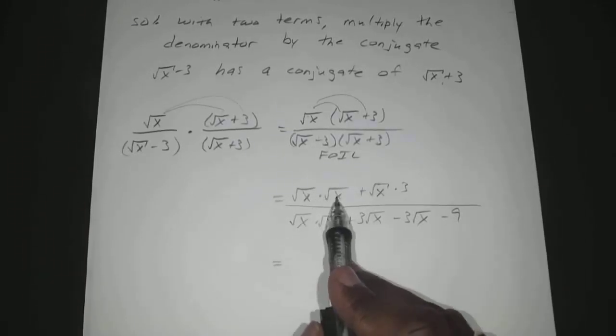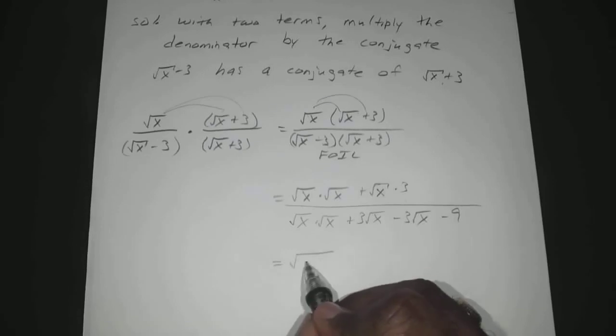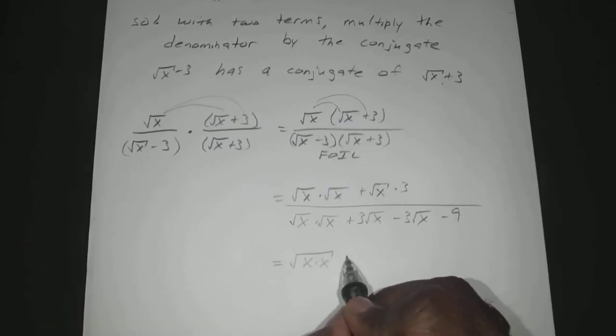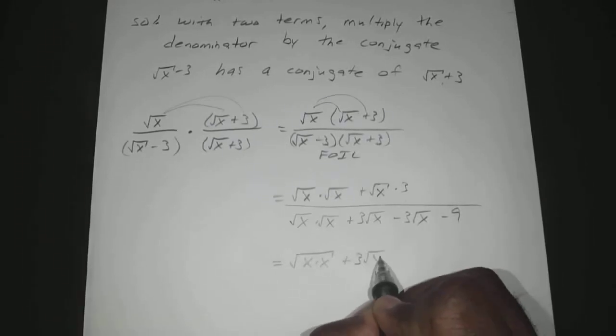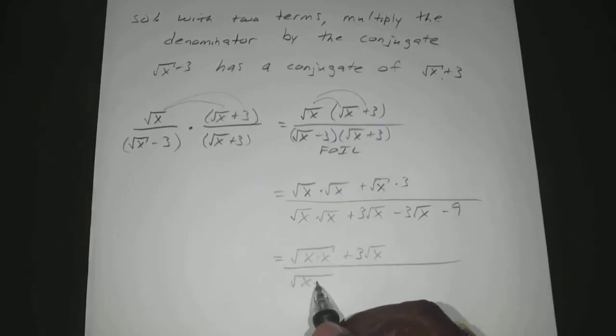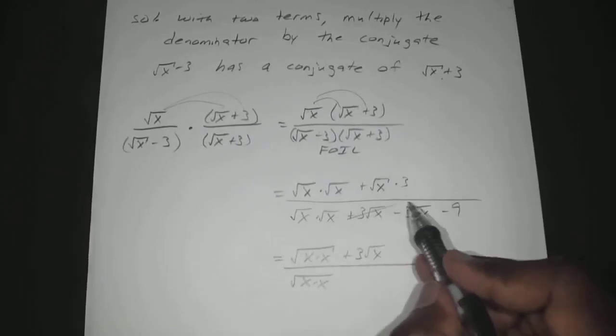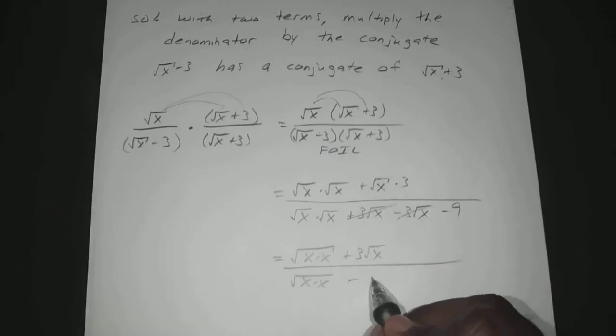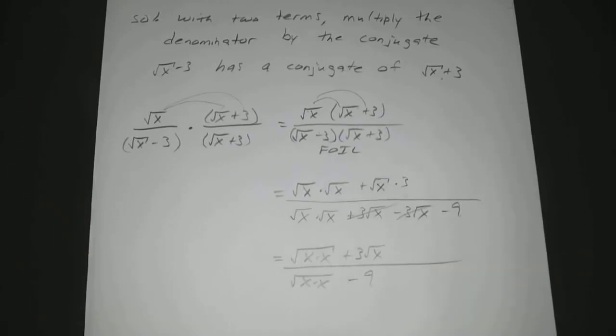Okay, so square root of x times square root of x, that's square root of x times x plus 3 square root of x over square root of x times x. Those two disappear, and you have your minus 9.